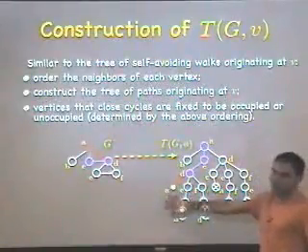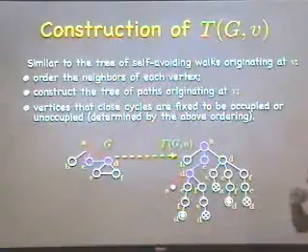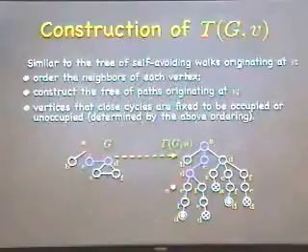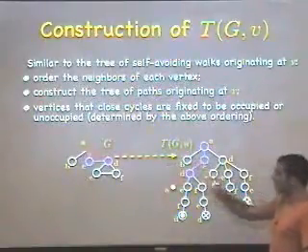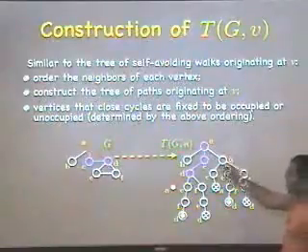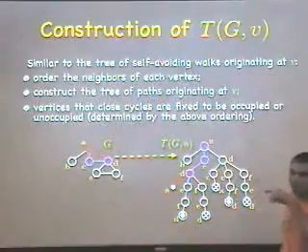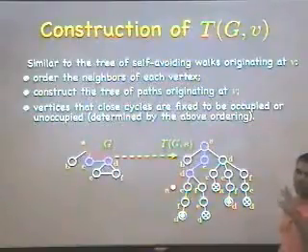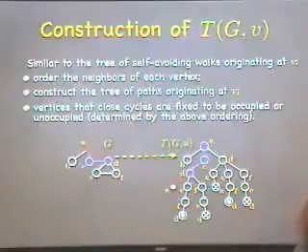It's fixed to be either occupied or unoccupied according to the following binary rule. In order to describe it I need to have an ordering on the neighbors of each vertex, and then depending on whether the edge closing the cycle is larger than the one that started it, that's the binary rule. If it's larger, then it's occupied. If it's smaller, it's going to be unoccupied.